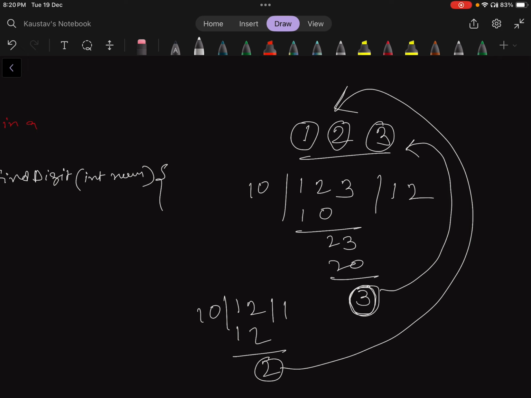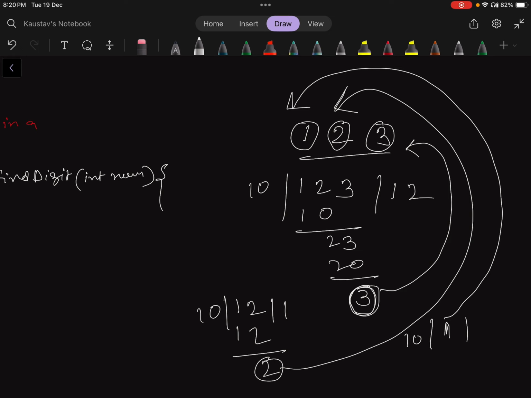Now we have only 1 remaining. Same thing, divide by 10. If we divide 1 by 10, it will not divide, so whatever the number is, it will be the remainder. So here 1 is the remainder because we can't divide. Whatever is remaining is the digit. This is how we are going to solve this problem.